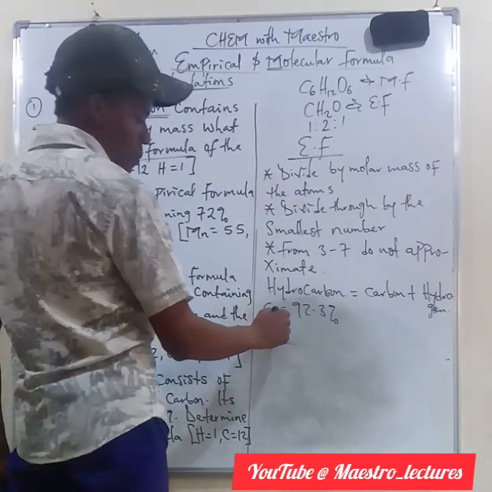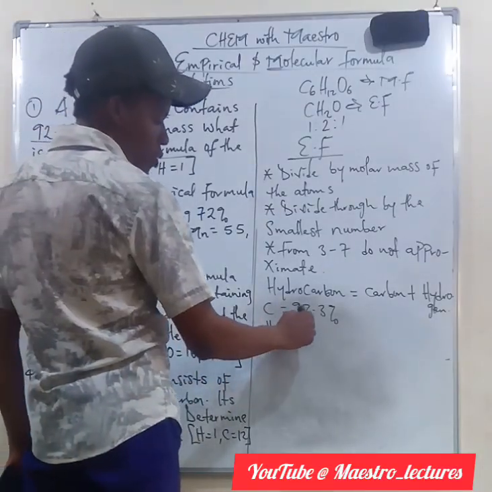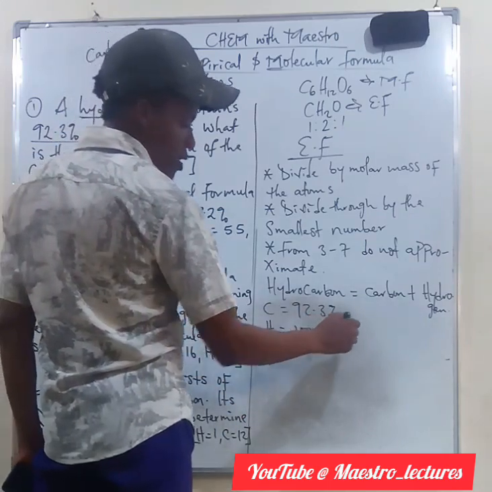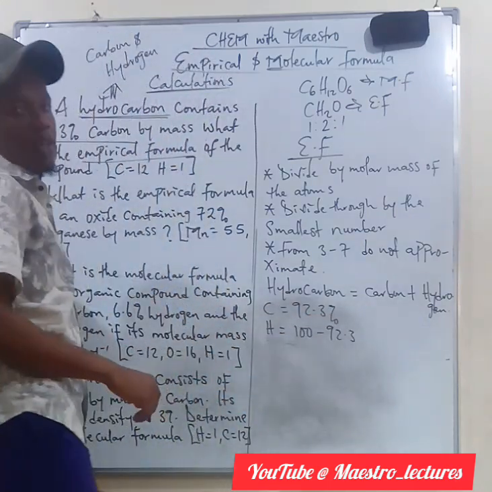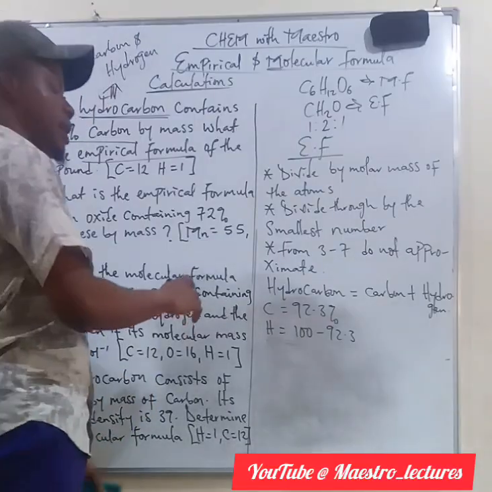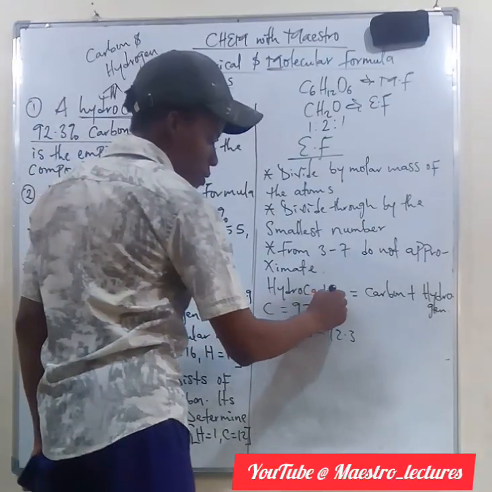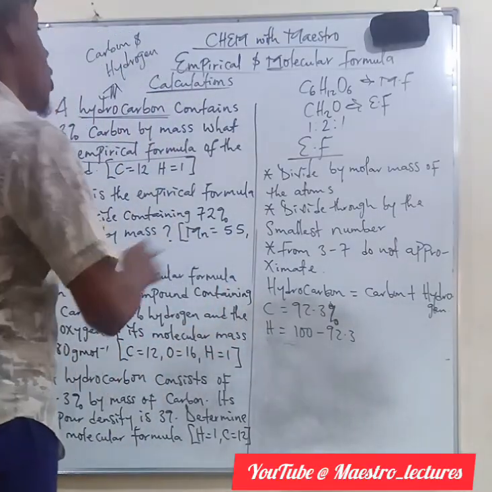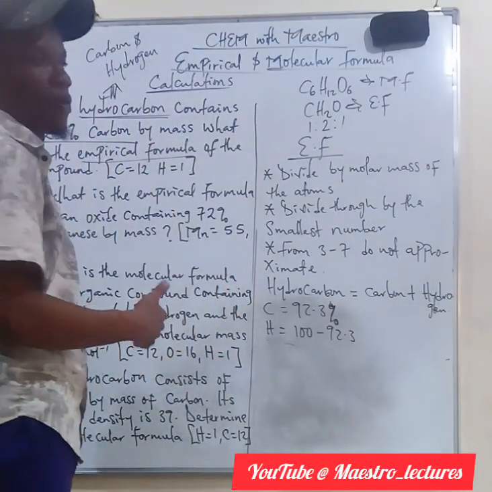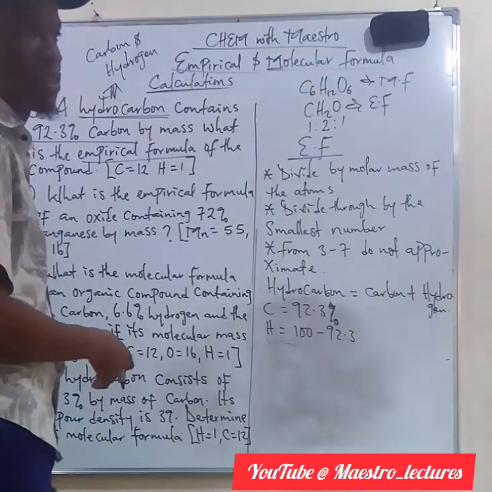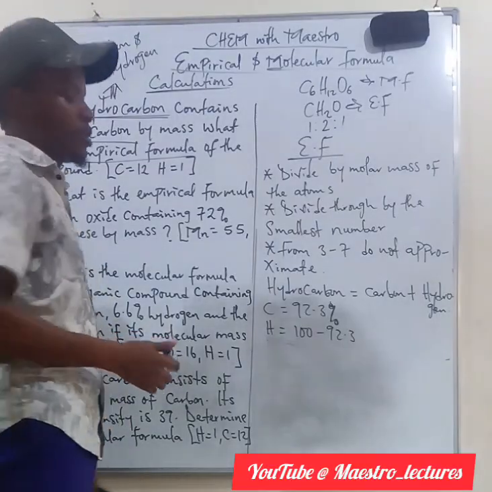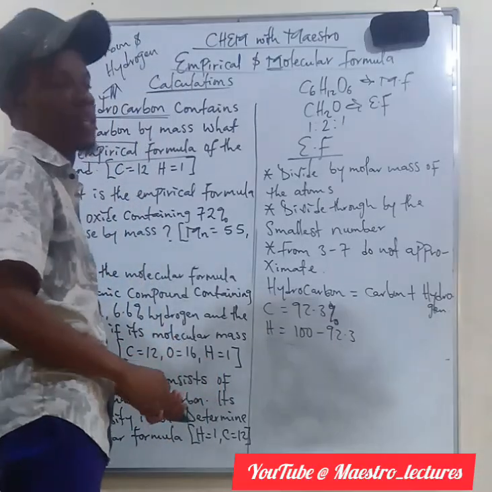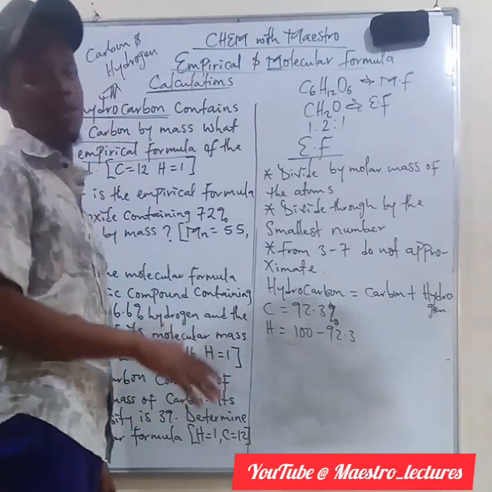To get the percentage of hydrogen, we'll say 100 minus 92.3. Why am I using 100? Simply because we are dealing with the mass of the atoms present in the compound in percentage, and percentage means 100. So if you say carbon contains 92.3%, it means out of 100, 92.3 is carbon.